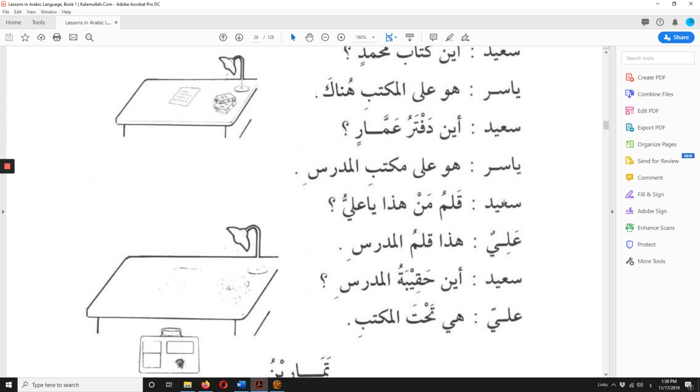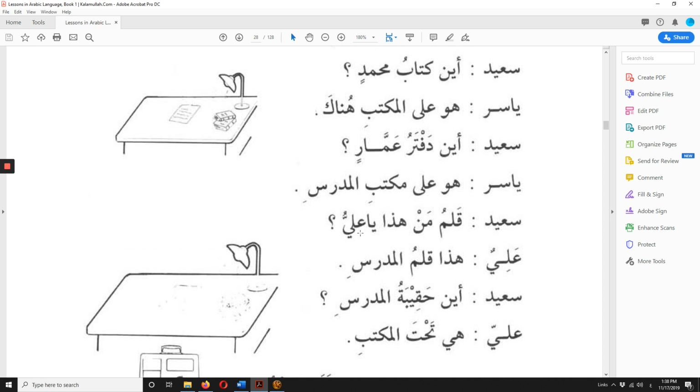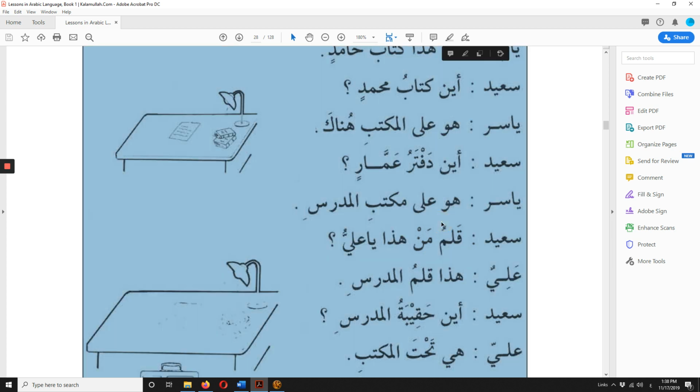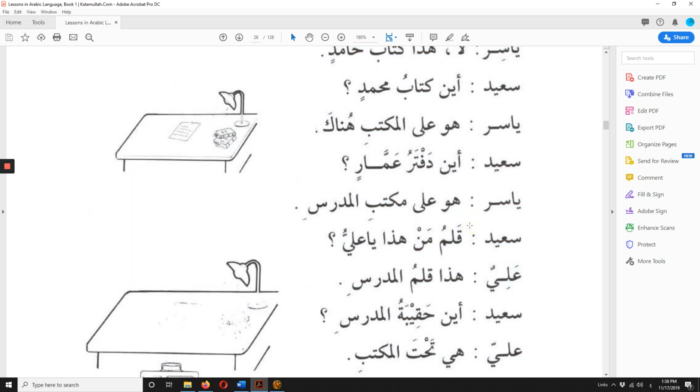So Sa'id says, قلم من هذا يا علي. So here it says, this pen is whose? Because men is a particle here, and it's the possessor of qalam. So qalam isn't qalamun, it's qalamu, because it's being possessed by men.